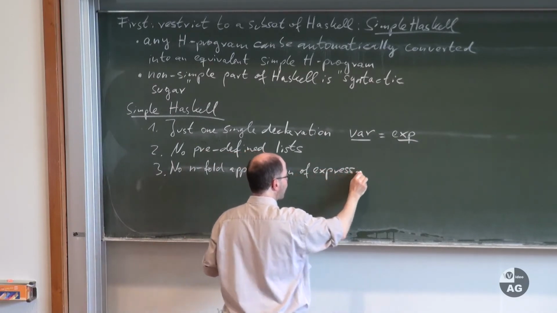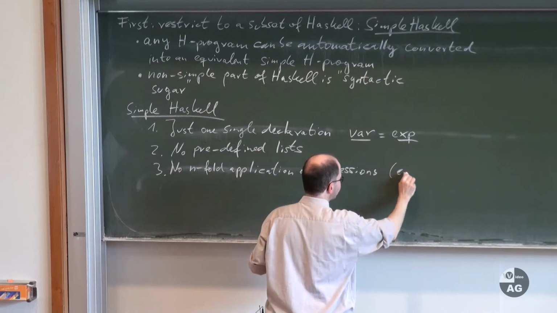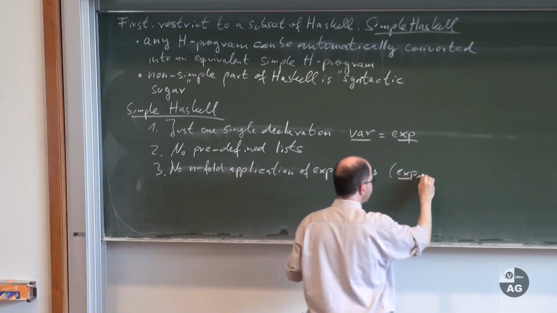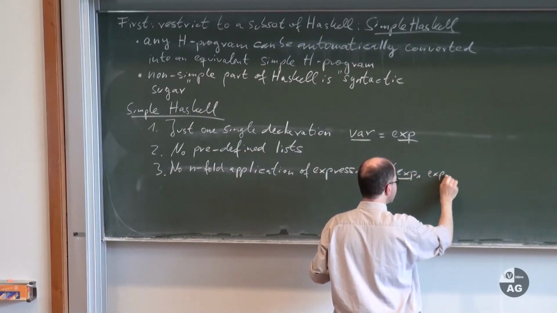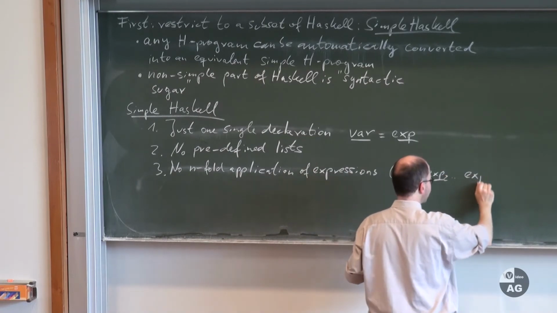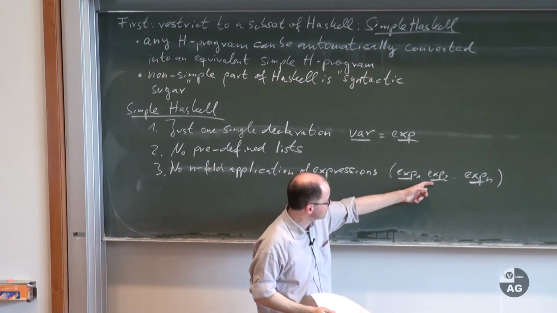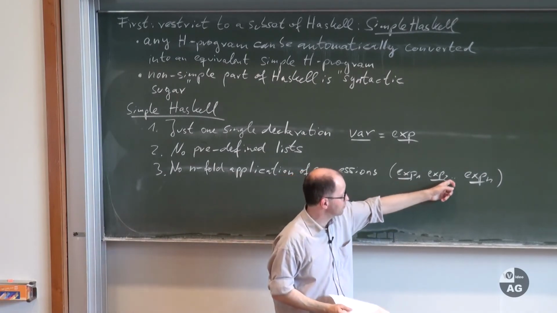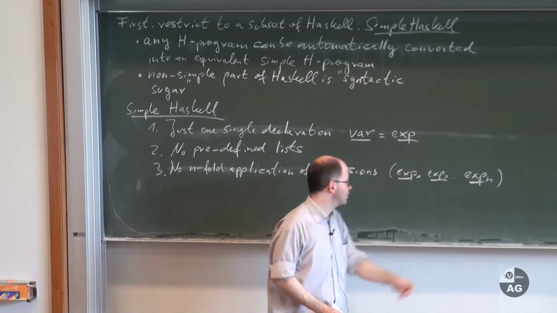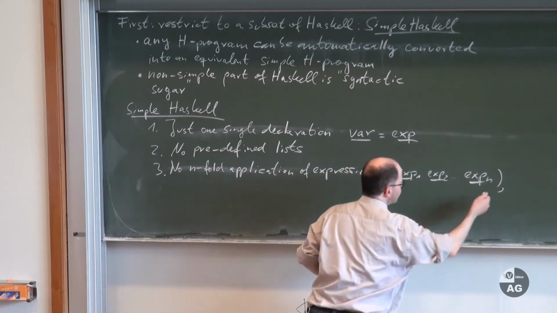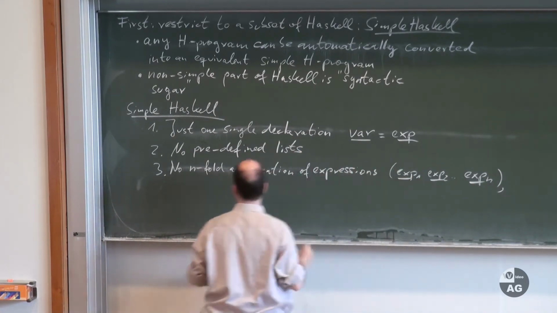We don't want something like this, x1 and then x2 and then x3, up to xn. This means this is applied to that, and then the result is applied to expression 3, and the rest is applied to expression 4, and so on. But we only want applications of one expression to a second one.